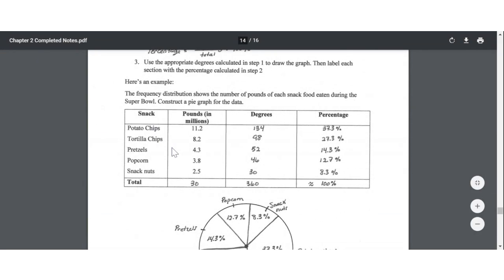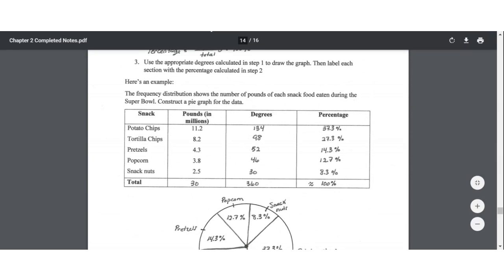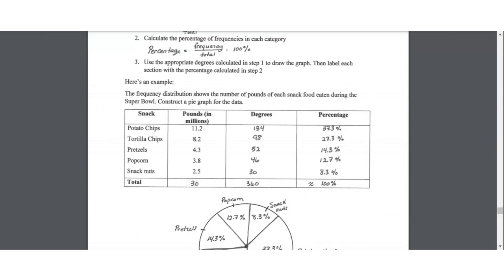So the first thing we need to do is find the total of pounds. That's what our frequency is, in this case. So what we want to do is take 11.2, add 8.2, 4.3, 3.8, and 2.5 together, and you'll get 30.